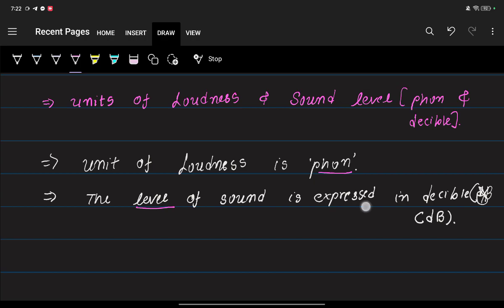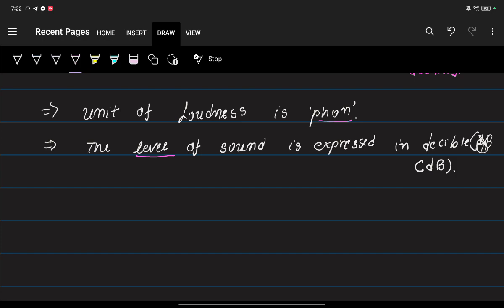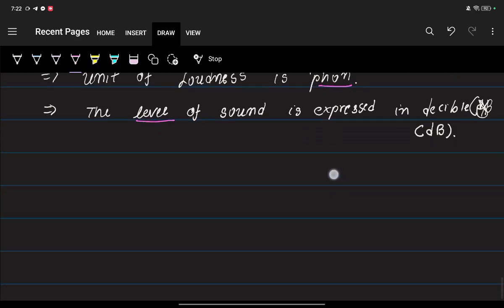So the loudness of a sound in phon is the loudness in decibel of an equally loud pure sound of frequency 1 kilohertz. So that's the relationship between phon and decibel.